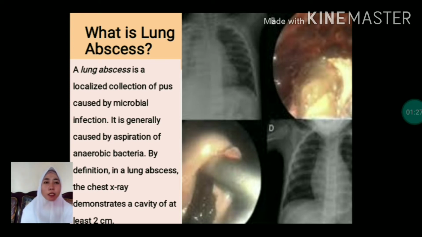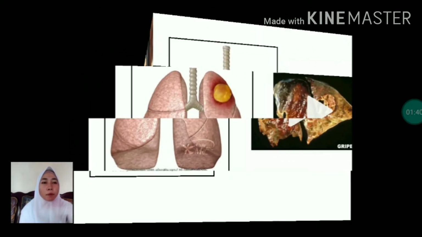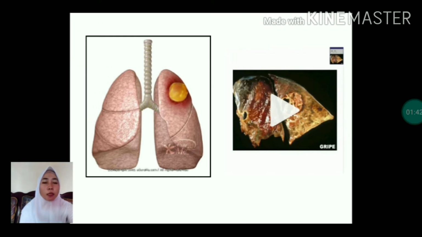So, lung abscess is one of the respiratory infections which is defined as necrosis of the pulmonary tissue and formation of cavities, and those cavities contain necrotic debris or fluid. So, let me show you a short video for lung abscess.